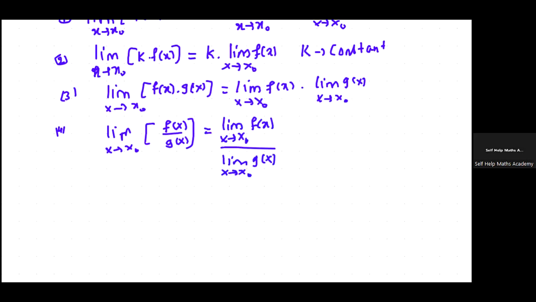Okay. And the limit of a constant will always be that constant: the limit of k as x is tending to x naught will be k, where k is any constant. These are some properties which we actually use in evaluating limits.